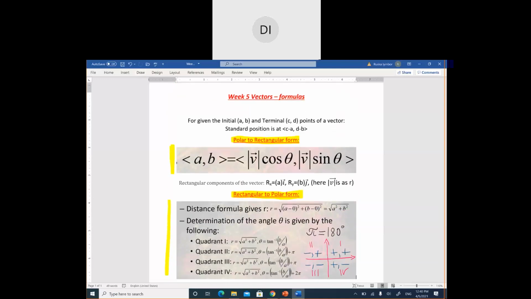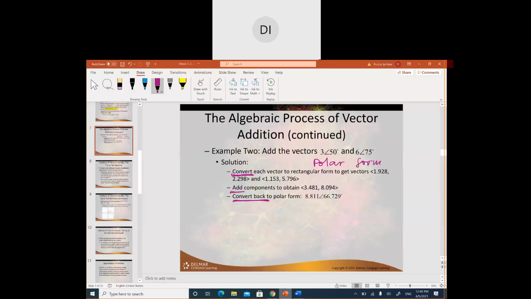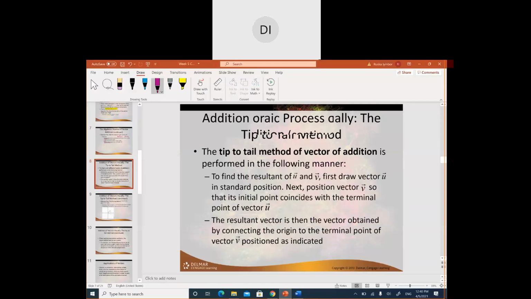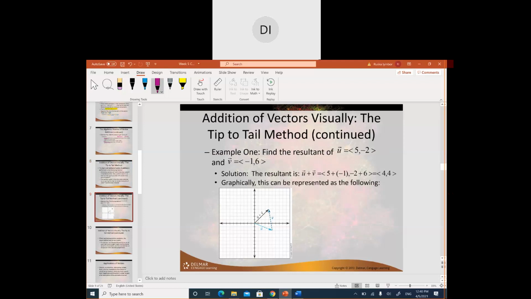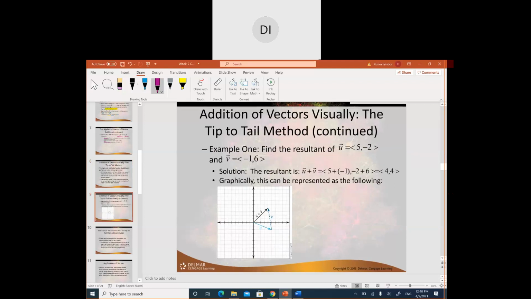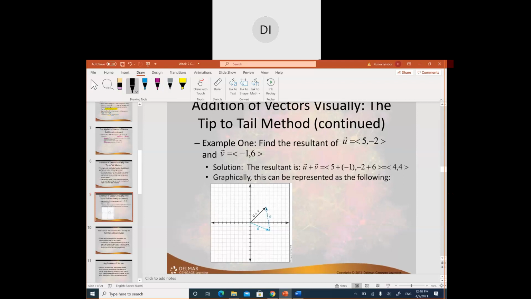Now let's do an example to practice that one more time. Here we have, just finishing the PowerPoint, how you add vectors visually, using the tip-to-tail method. If you have vector u and vector v in the graph, when you add them you position them so the tip of the first is the same as the tail of the second.